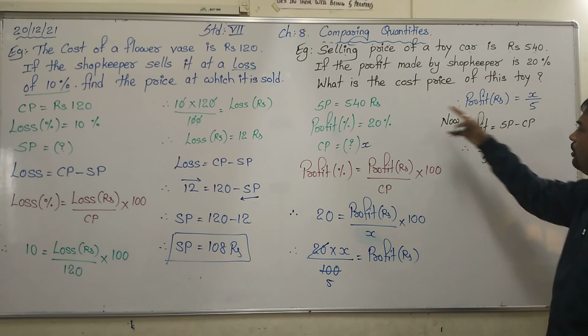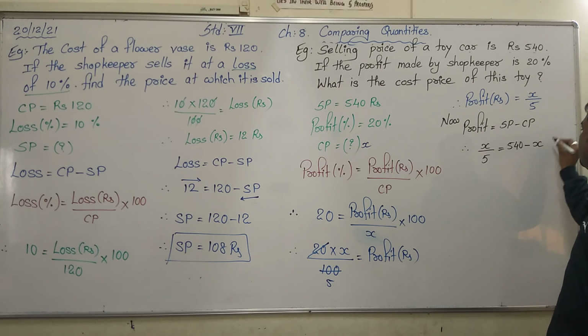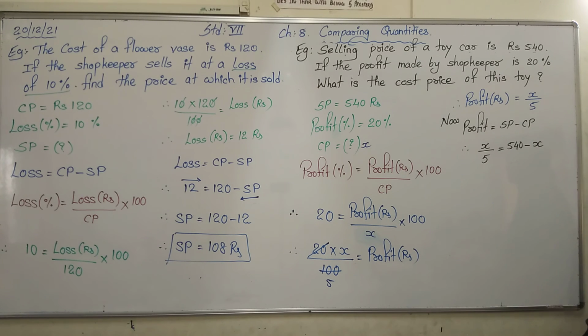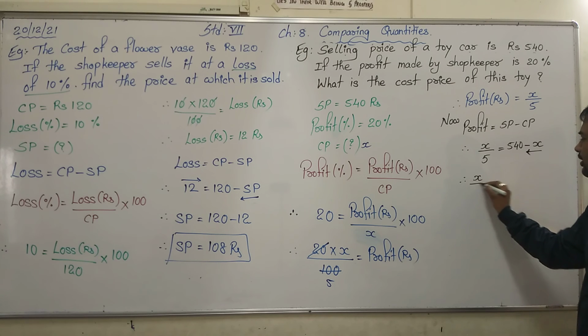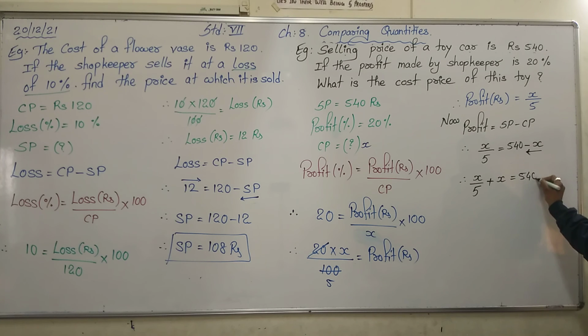Is equal to 540 minus X. Therefore X upon 5 plus X is equal to 540.